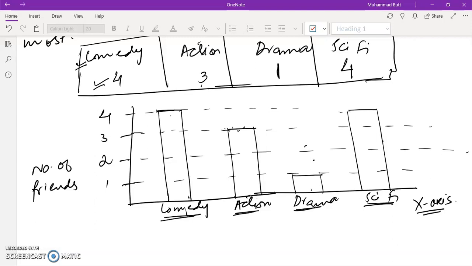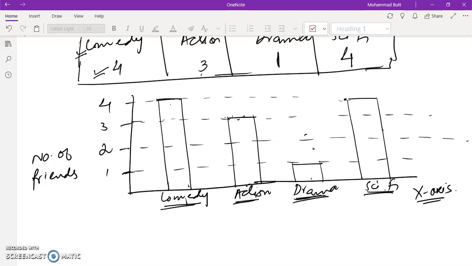Similarly, the number 1 can also be drawn, that 1 of your friends has liked drama movies. So the number 1 on the y-axis, when you are drawing the bar, it is till this point. And 4 of your friends have liked sci-fi movies. Again, you are going to draw the bar till number 4. This is called a bar graph.